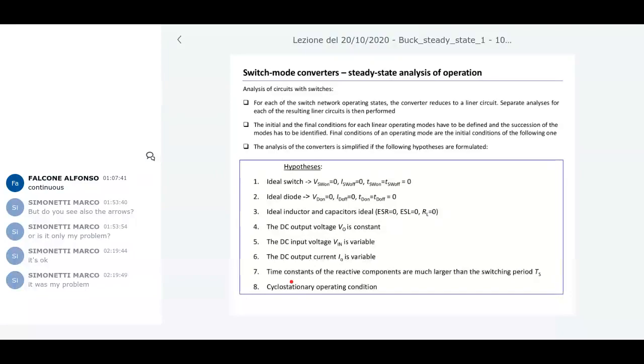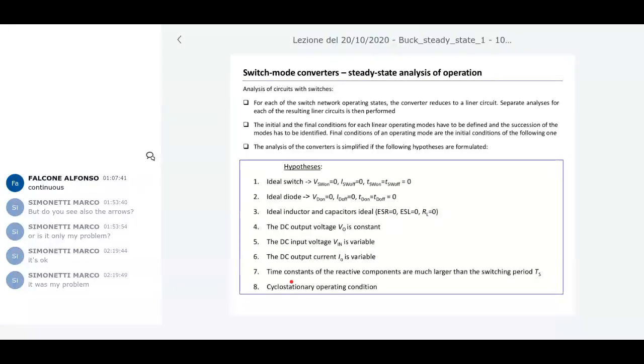Okay, so I just suppose that from the turn-on of the converter, a time interval which is long enough passes so that all the currents and the voltages in the circuits reach a steady state situation. Okay, no changes, no transients, all transients vanished, etc. By the way, cyclostationary and steady state mean the same thing.